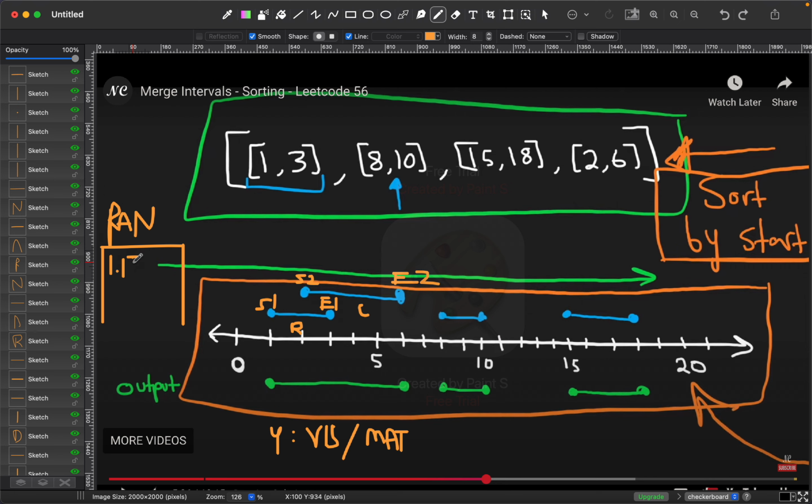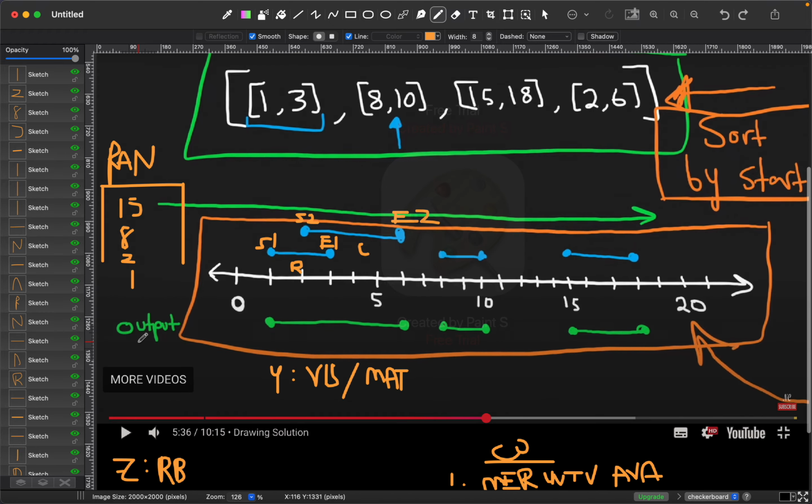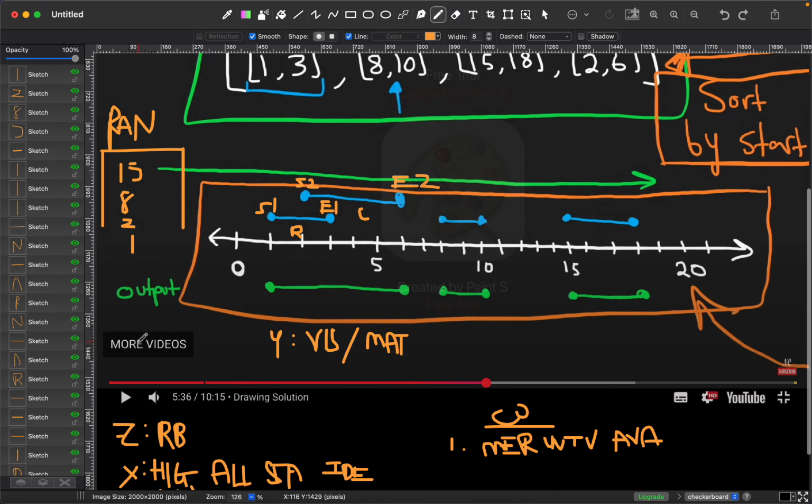The last guy is the 15 guy, followed by the 8, followed by the 2, followed by the 1. That's the intuition I'm getting if you sort by the starting point. So at least you know which guy comes first.